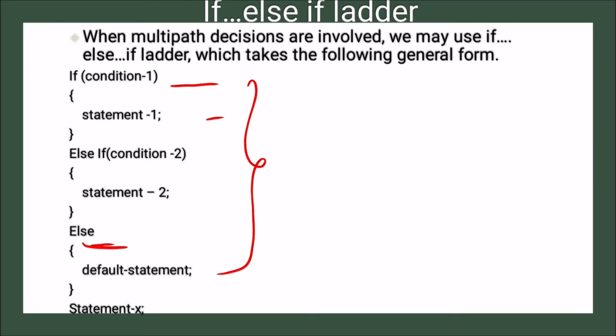So whenever one condition is true, it goes to that particular statement, and at the end it goes to statement X, whether condition 1 is true, condition 2, condition 3, or whichever, however many conditions there are. It checks one by one, executing top to downwards: condition 1, then 2, then 3, then 4.